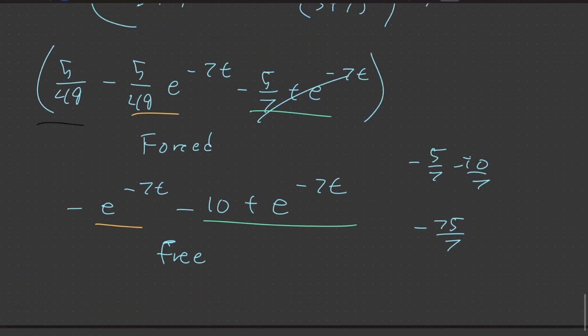Okay, these guys are done, right? Negative 5 over 49 e to the negative 7t. So negative 5 over 49 minus 49 over 49.